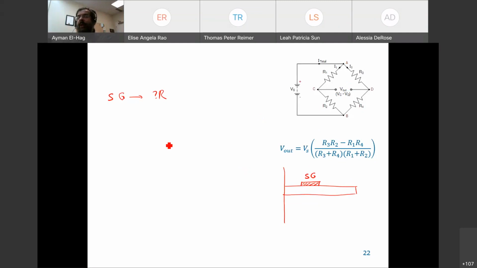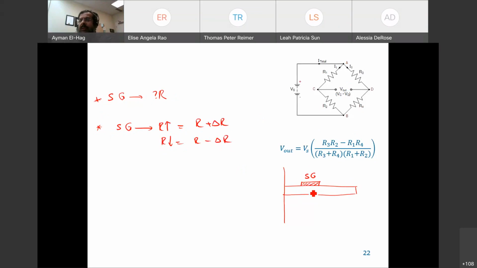So we need to know every single strain gauge corresponds to which resistance. The second thing that you need to know is whether the SG resistance increases or decreases. In other words, is it R plus delta R or R minus delta R?